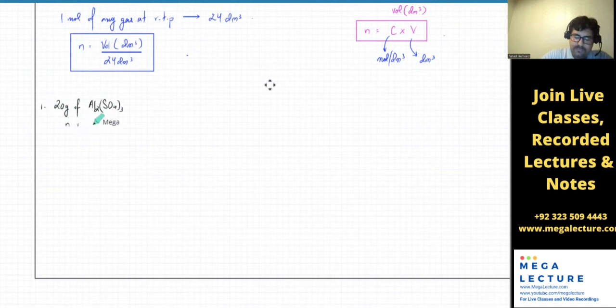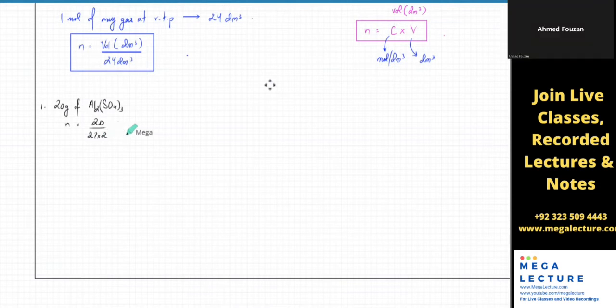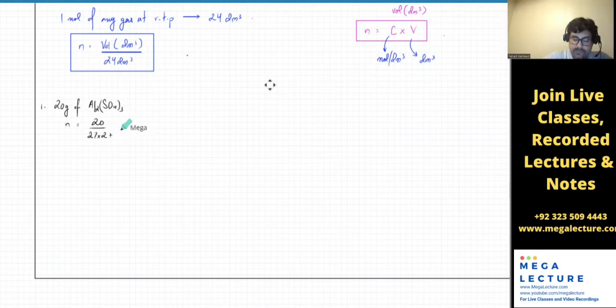Moles is equal to mass divided by the molar mass, which is going to be aluminium is 27 times 2, plus the 3 SO4s. So that's 3 multiplied by SO4, S is 32 plus 16 times 4. So try and calculate what the moles are for this one.